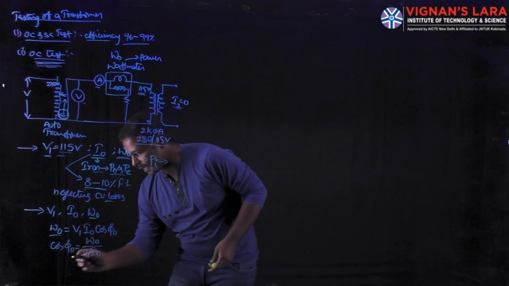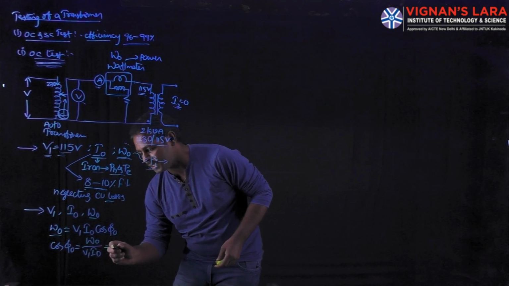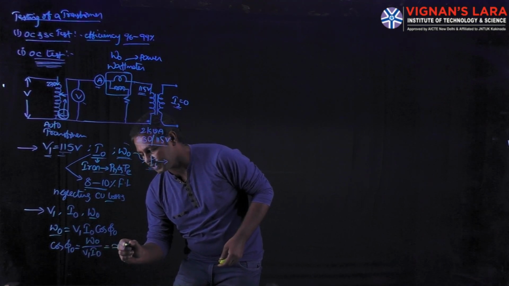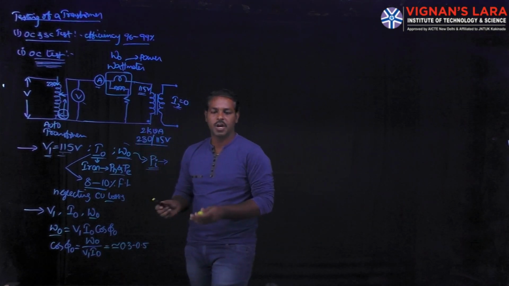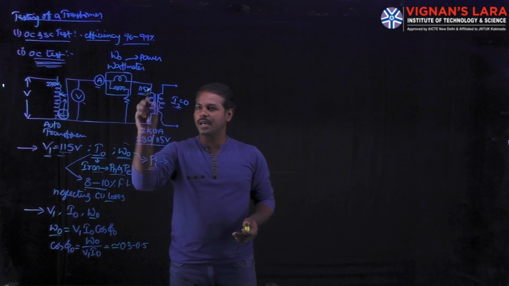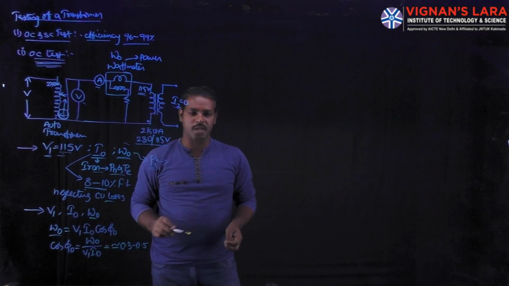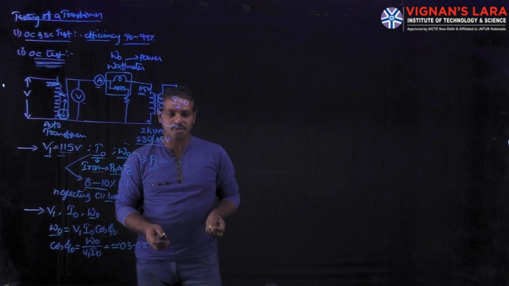Then cos phi naught, that means the no load power factor, approximately varies between 0.3 to 0.5, because the small current drawn from the supply is influenced by the magnetic core in a transformer. The magnetic core is highly inductive in nature, so the power factor is also very small.